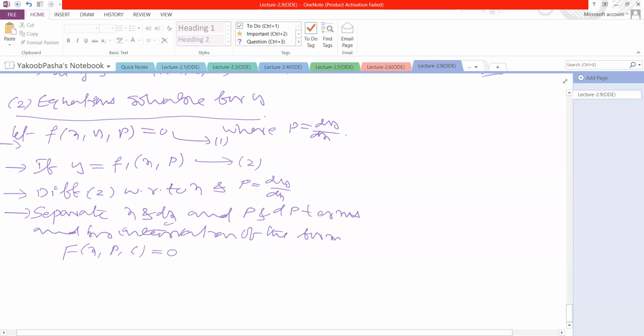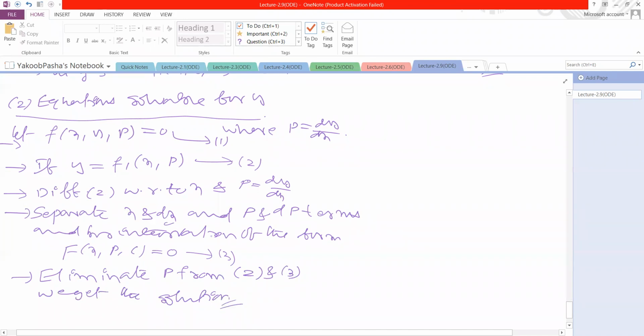This is equation number 3. Now our target is to eliminate p from 2 and 3. We get the required solution. Okay, this is the procedure. If it is not easy to eliminate p from 2 and 3, we can write the general solution as the product of equation 2 and equation 3.